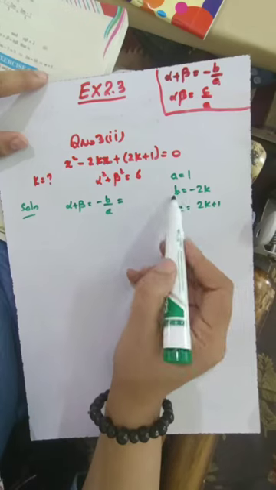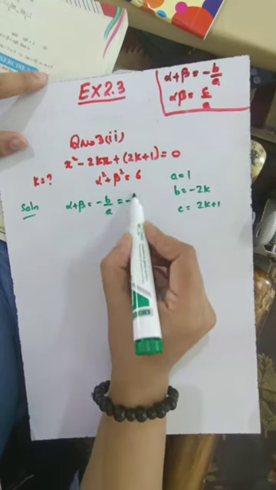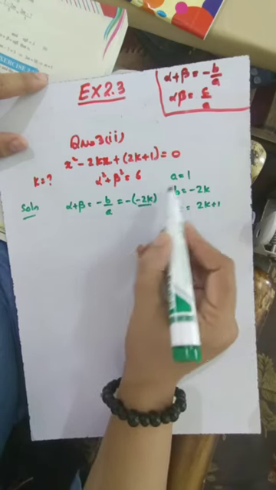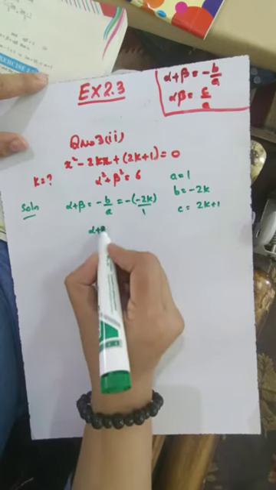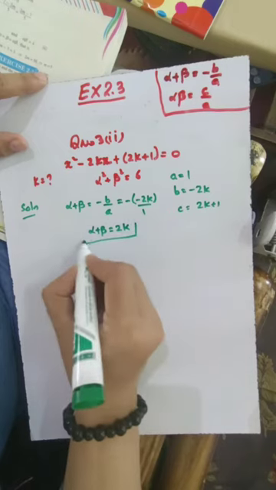Now using b and a, alpha plus beta will be negative of b, negative of negative 2k, over a which is 1. So alpha plus beta is equal to 2k.